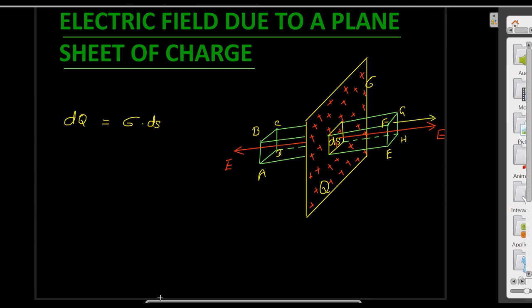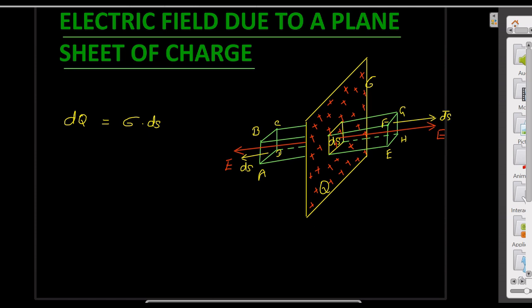This is the area vector. I just indicate it with the vector ds. This is also the area vector to this surface. ds is the area vector to the surface ABCD. We have seen E is parallel to ds.